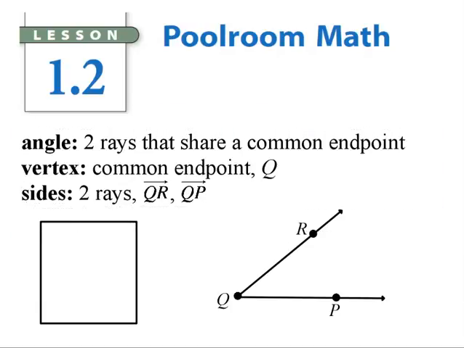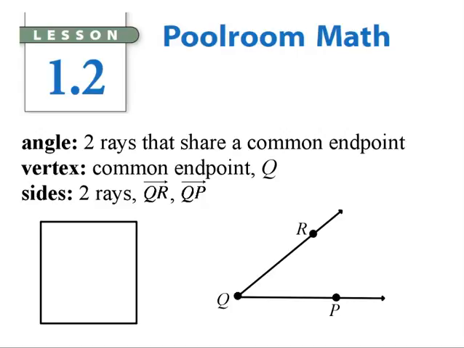An angle is defined as two rays that share a common endpoint. Two rays that share a common endpoint. And so I have a diagram of what an angle looks like. This is just one example. There's a lot of them.